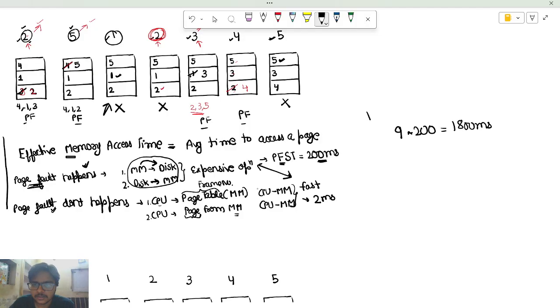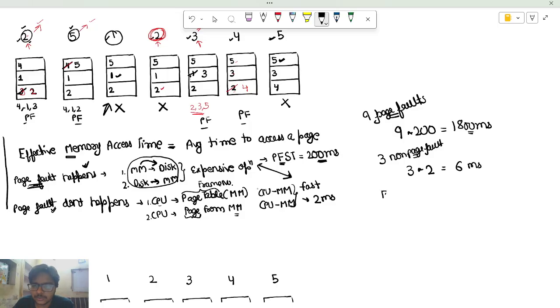This is for 9 page faults. Okay, then the total time it took is 1800 milliseconds. And for the remaining 3 non-page-fault references, 3 into 2 milliseconds, which is just 6 milliseconds.